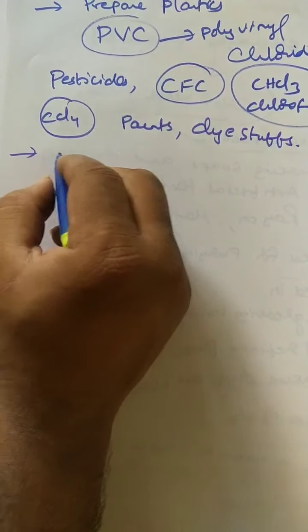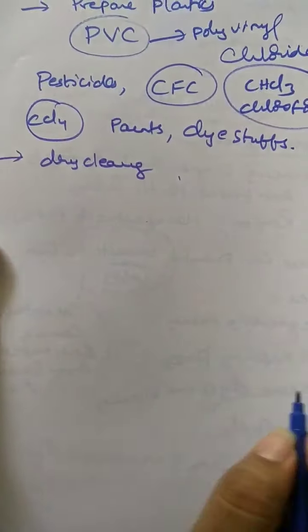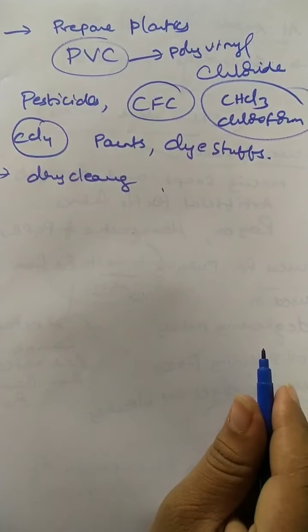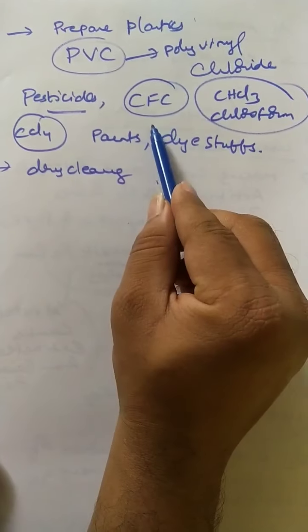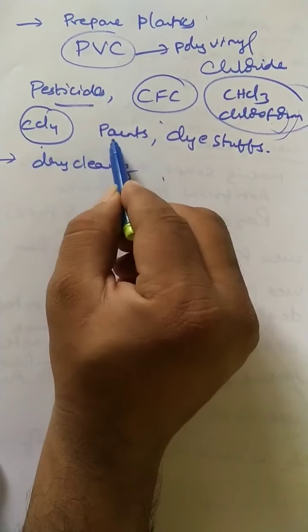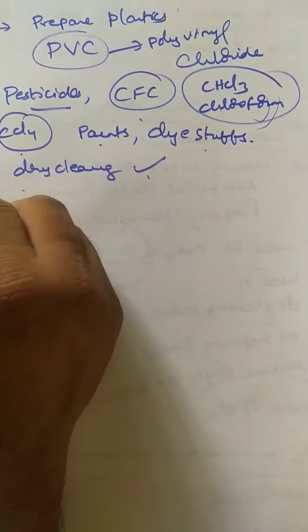You use it for dry cleaning purposes also. So these are all advantages. These are the uses of chlorine gas: for preparing plastics, polyvinyl chloride, pesticides, chlorofluorocarbons, chloroform, carbon tetrachloride, paints, dyestuffs, and for dry cleaning.